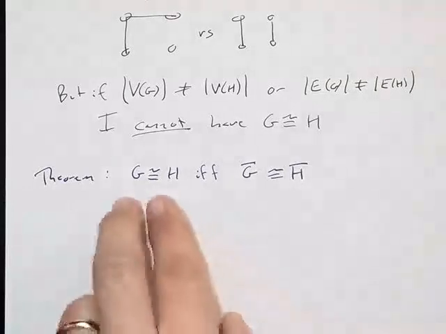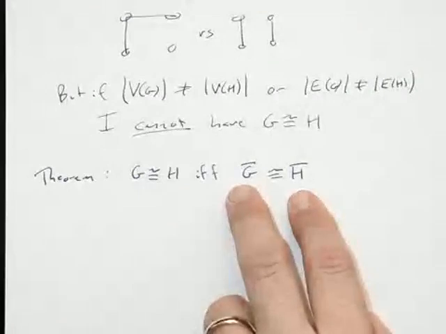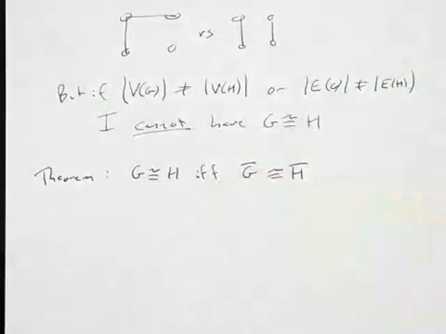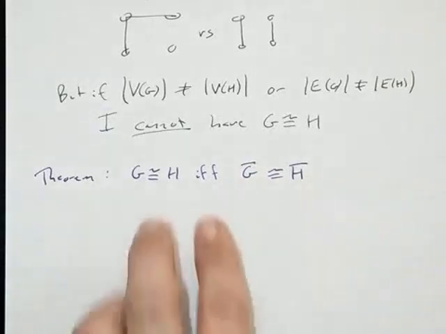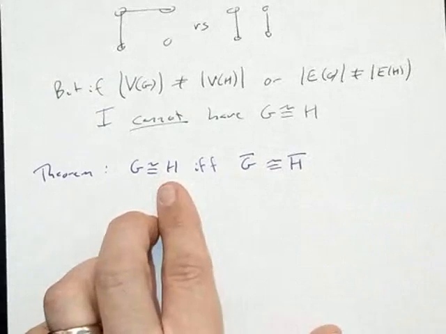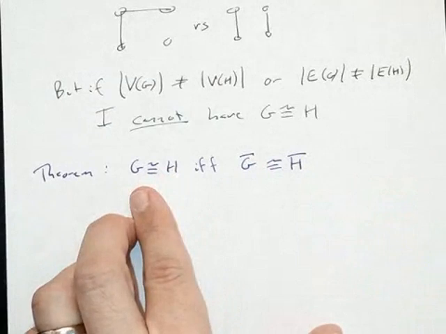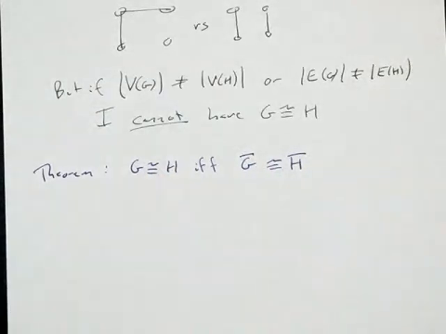Okay. Excuse me. Say that again. H doesn't. Edges that are missing from H, when you go over to the complement, those are the edges that show up in H complement.